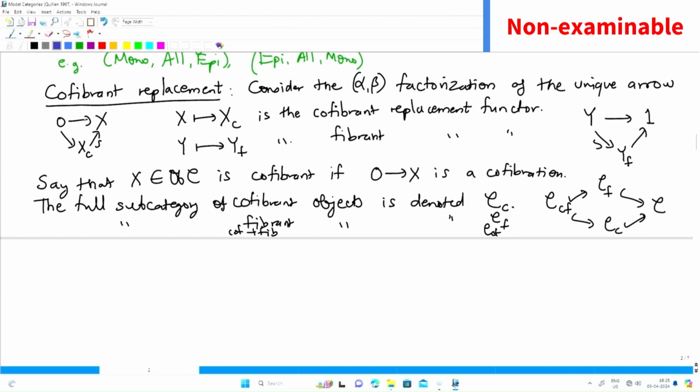The cofibrant replacement functor will take a topological space and only remember what maximal part of it was constructed as a cell CW complex.